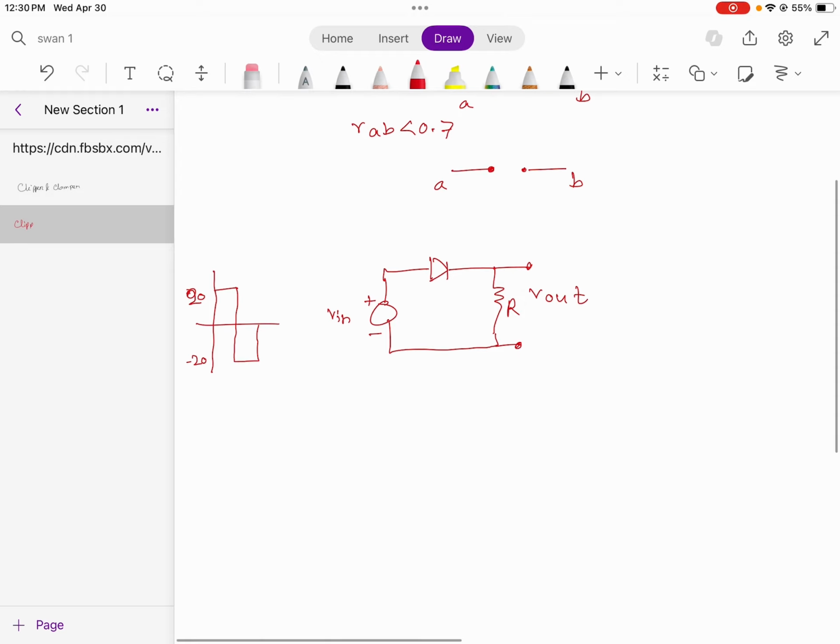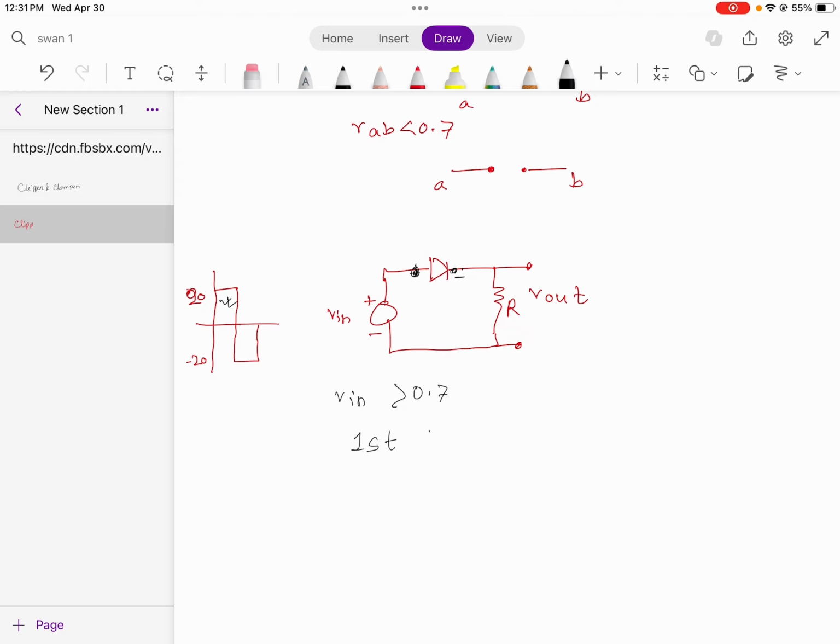So when we apply this voltage to the diode, we can see that in the positive half cycle, the voltage difference between these two nodes is definitely greater than 0.7 volt. So when the voltage is greater than 0.7 volt, the diode will work as a short circuit.